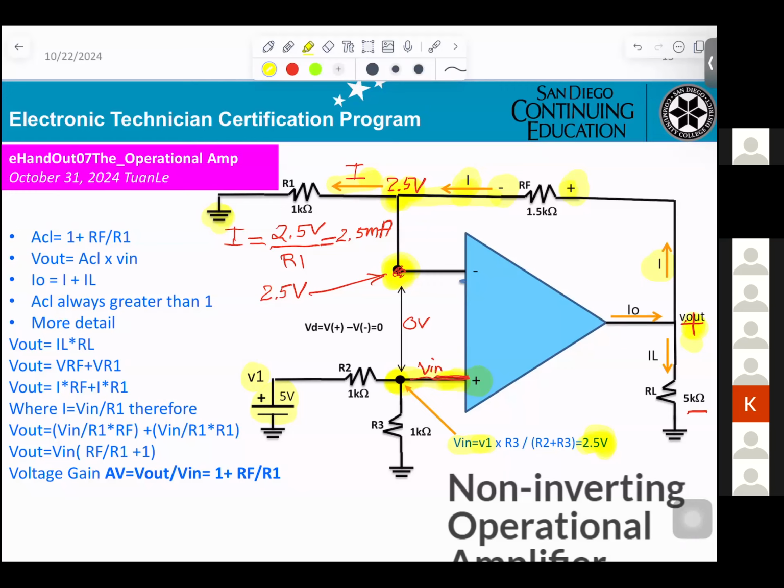The current I will go this way. That will be a source current.